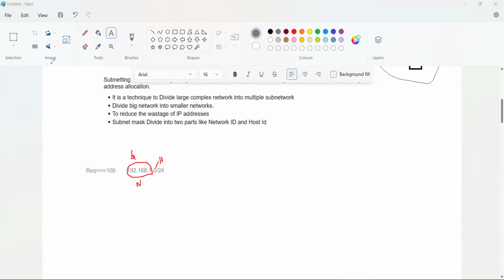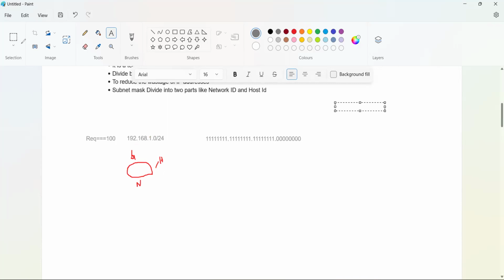Now, just write here. In binary also, 1 2 3 4 5 6 7 8, 1 2 3 4 5 6 7 8, and the subnet mask bits are 0.